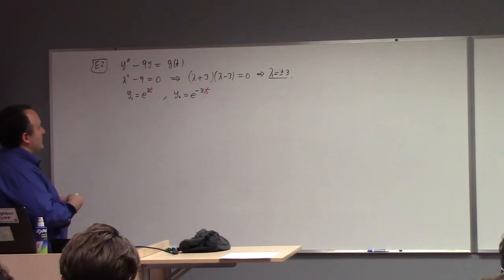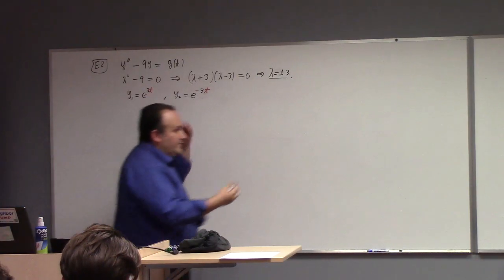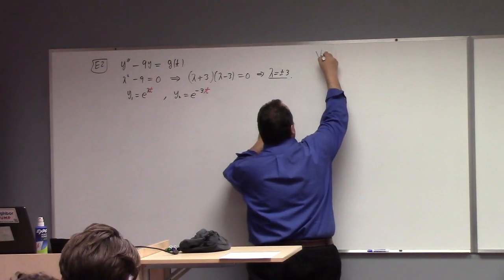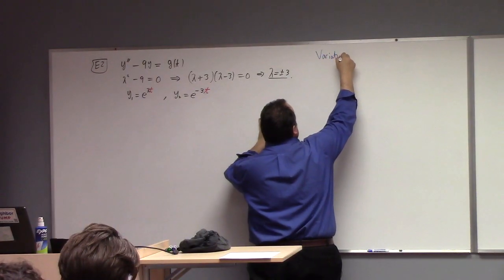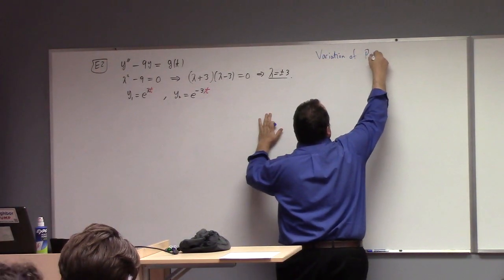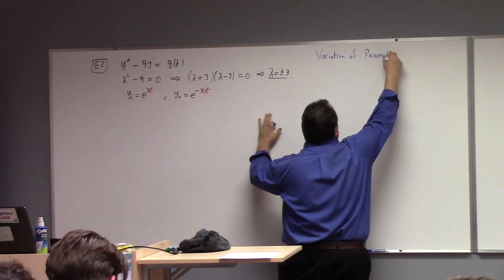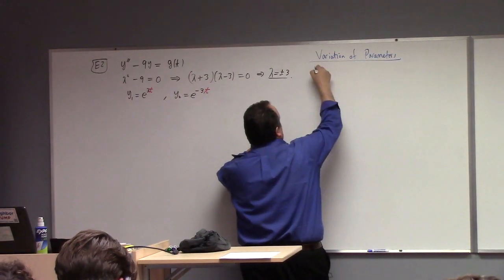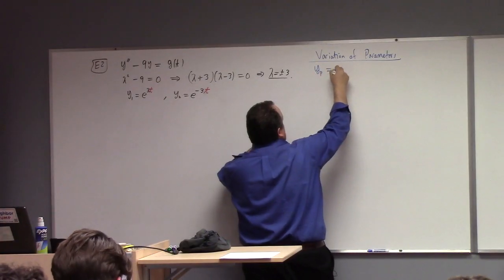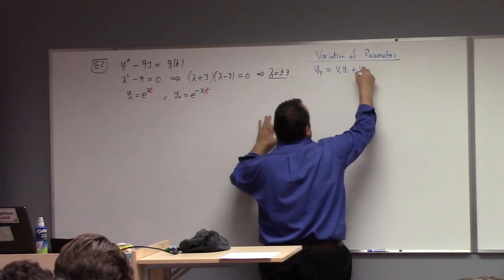Anyway, so the variation of parameters, right? What does it say? Let us remember or learn it for the first time if you don't know already. Yp is v1y1 plus v2y2.